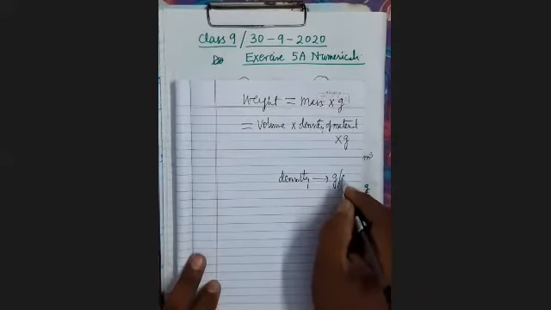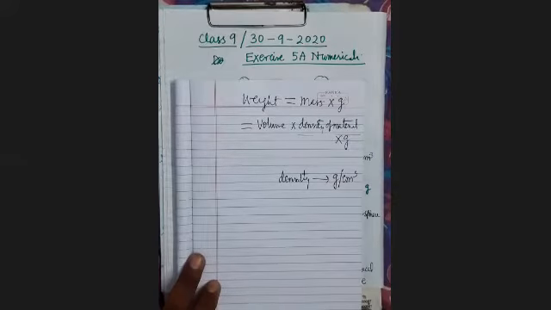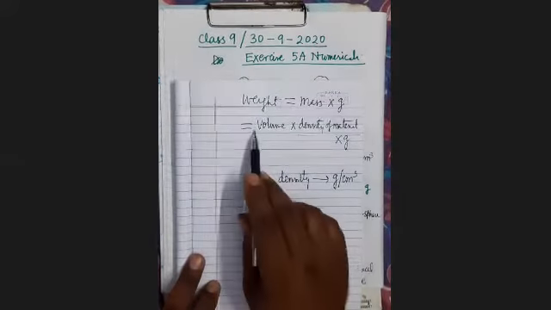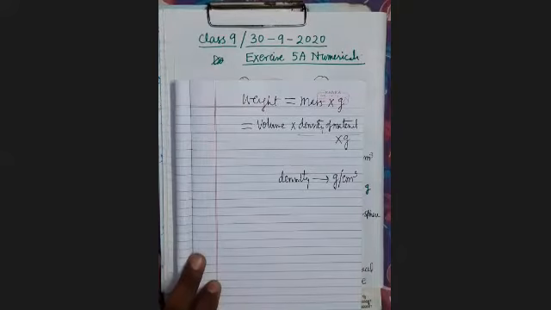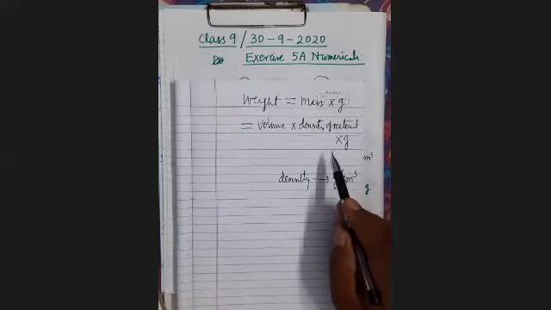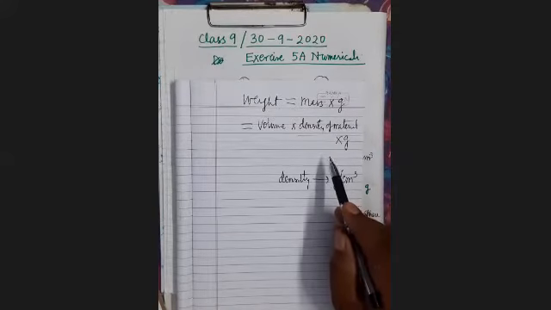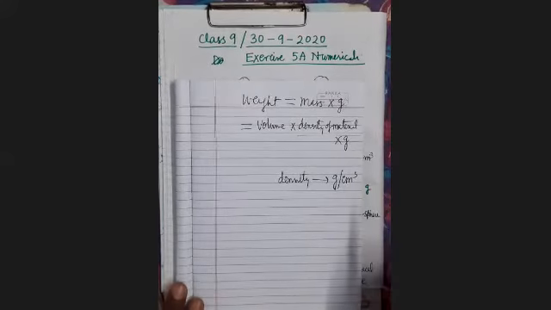Suppose density is given in gram per centimeter cube. Then volume should also be in centimeter cube. It's clear. And if you don't put the value of G, when you remove the value of G, the answer will come in gram force.